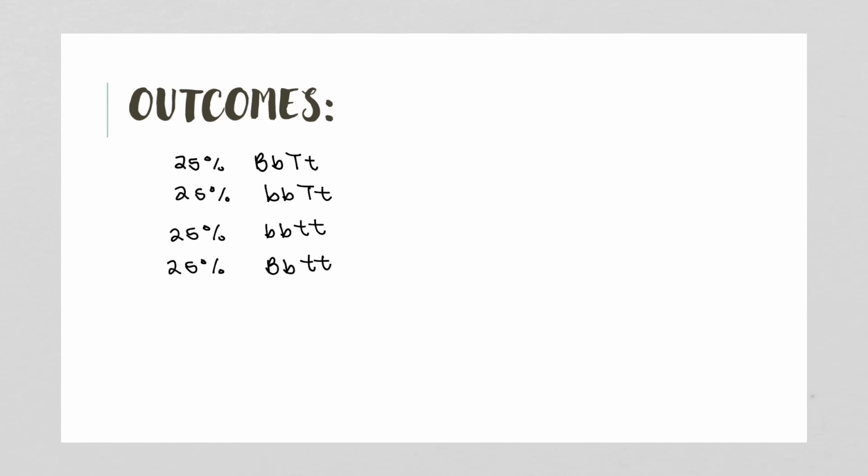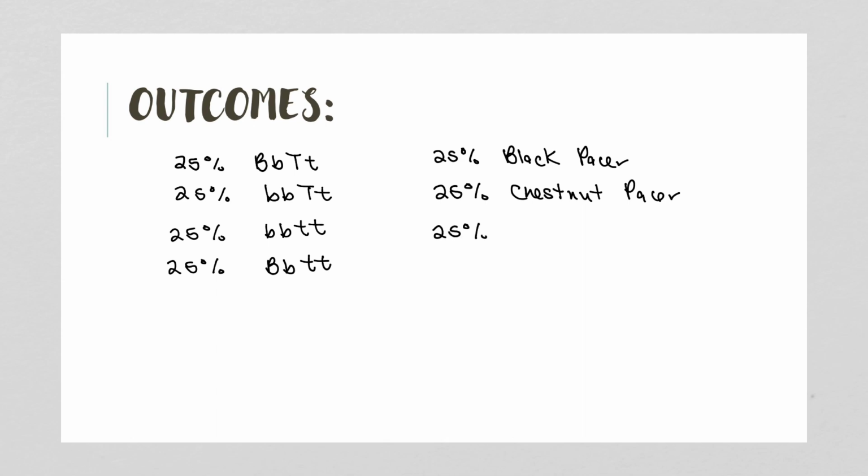So now we'll look at the phenotypes. Those were the genotypes. So 25% of the time, you should see a black pacer. 25% of the time, you should have a chestnut pacer. 25% of the time, you should have a chestnut trotter.